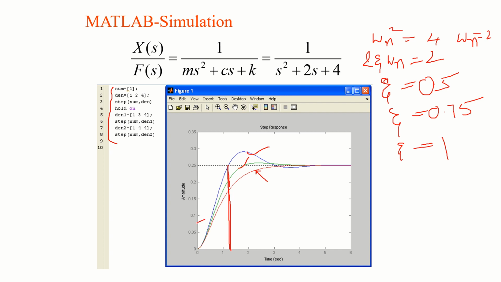So you see here the time to rise from here to here, it is taking so much time. If the damping ratio is increased, its time is increasing. If it is over damped, critically damped, its time is further increasing.